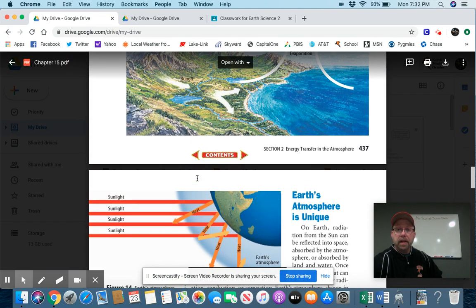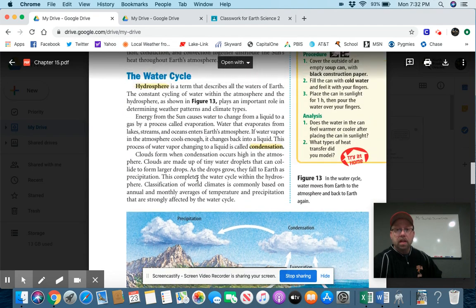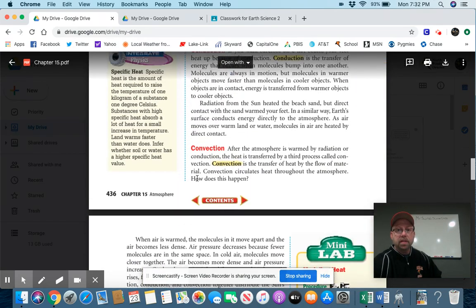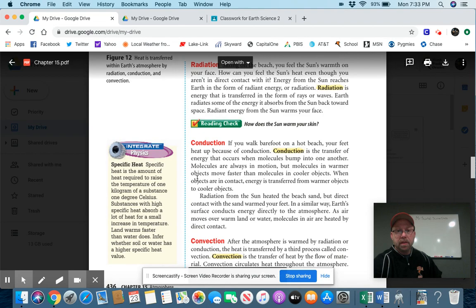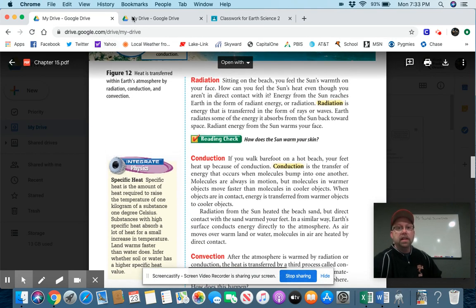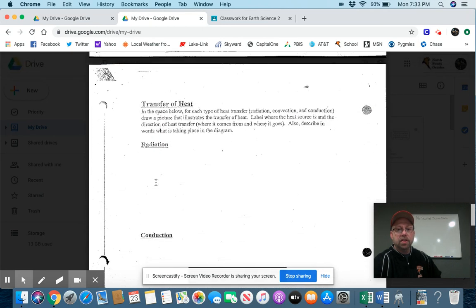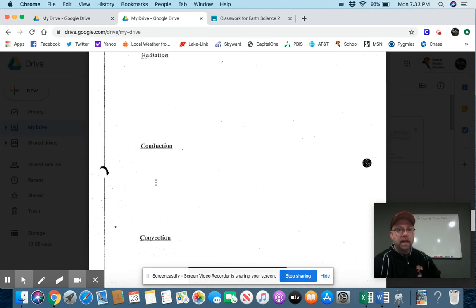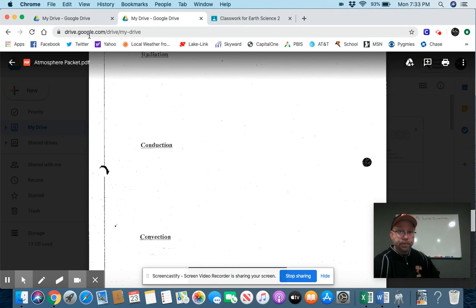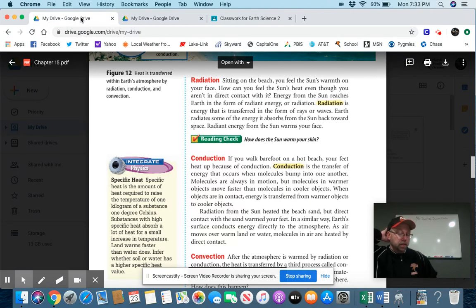And I want to go back to the assignment that's going to be due Wednesday. I gave you a heads up about this yesterday. The assignment is right here. It is this page called Transfer of Heat, Radiation, Conduction, and Convection. What you're going to need to do for those three, I mentioned to you yesterday, is draw me pictures, draw examples of radiation, conduction, and convection.